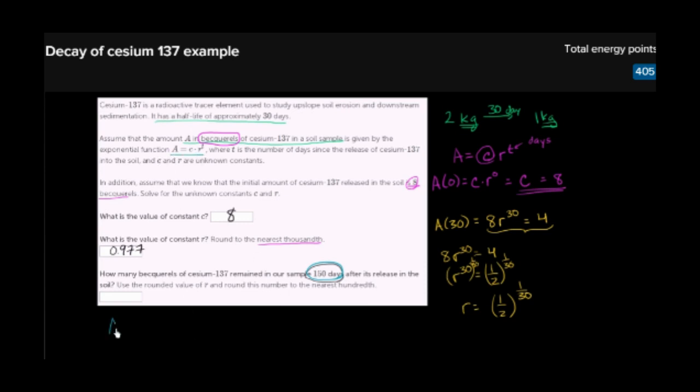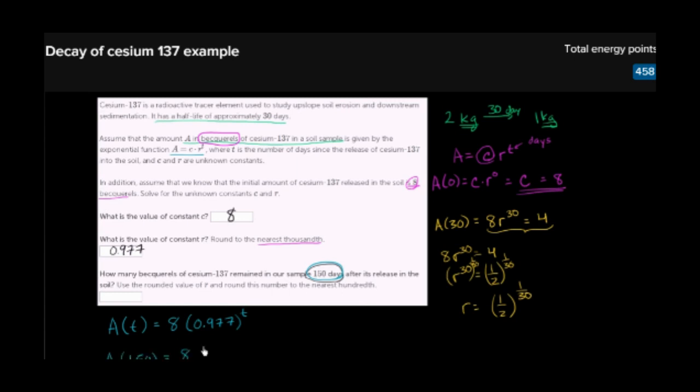We know that the amount of cesium-137 in becquerels as a function of time in days is going to be equal to 8 times 0.977 to the t power, where t is the number of days that passed. And they're essentially saying, well, how much do we have left after 150 days? So they want us to calculate what is A of 150?